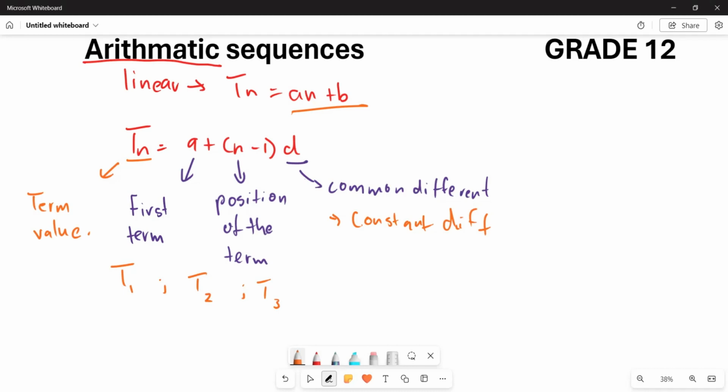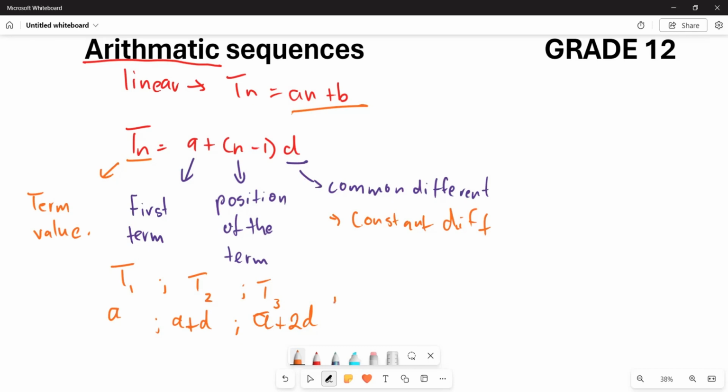Remember, your term 1 is given by A. When you move to your second term, it is your first term, A, plus the difference between your term 2 and your term 1, which is D. When you move to your third term, it is given by A plus 2D.